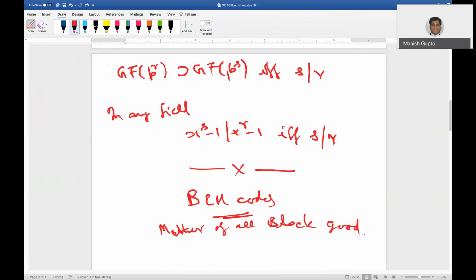Later on, we will see that many of the important codes are a special case of BCH codes. That's why these are known as the mother of all block codes. This is something very, very important. So that's all for today. In the next class, we will look at the BCH code.